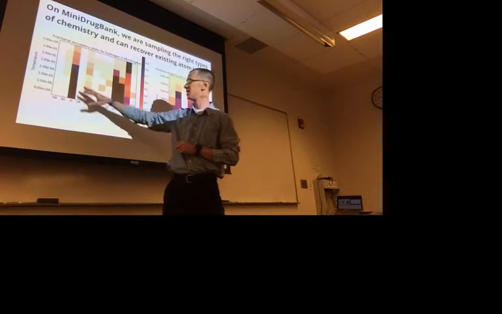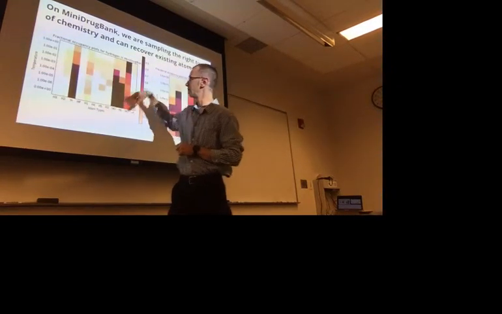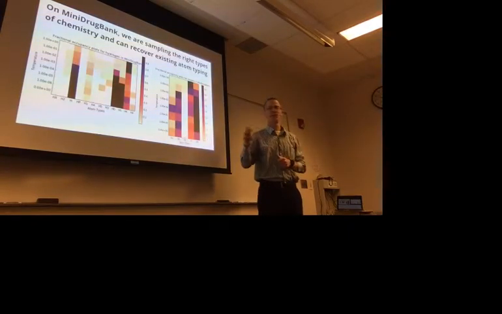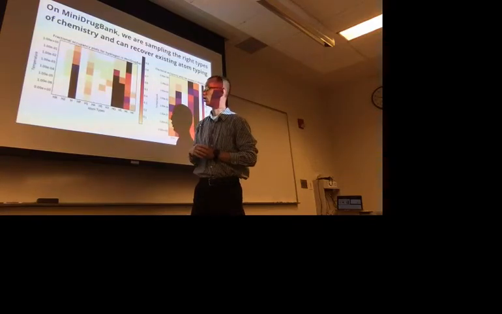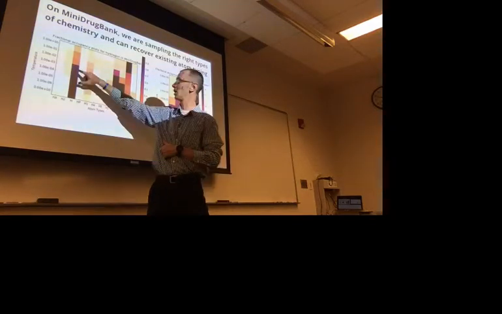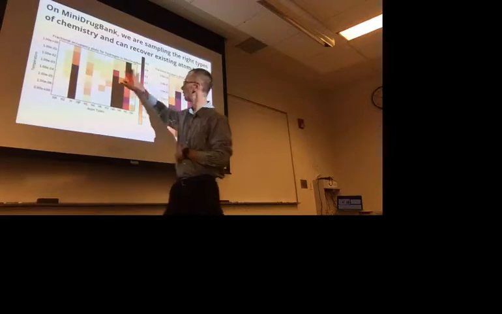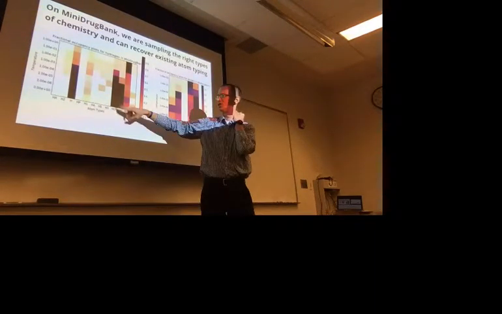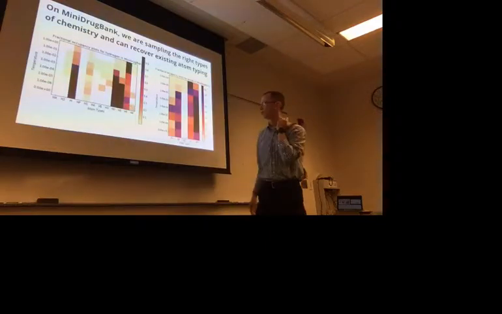What we're basically seeing is that the color coding is how often we can, at least some of the time, find all of that atom type. So black means we're very successful at finding all of that atom type. There's a couple here that we never find, but aside from that, and I'll come back to those, we find all of the different hydrogen types in mini DrugBank.